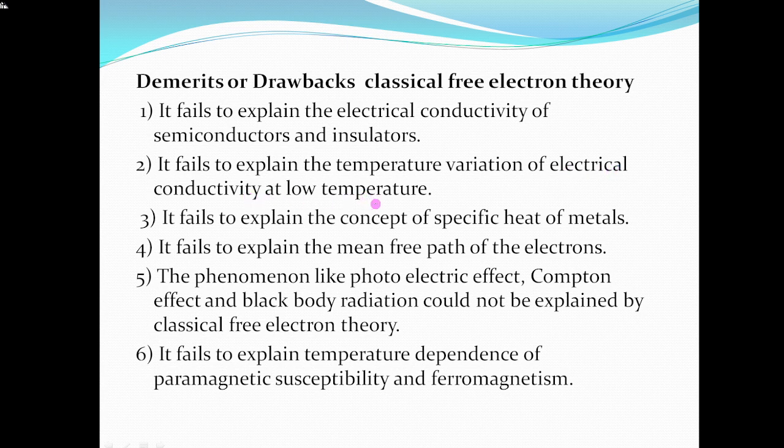Next, the concept of specific heat of metals cannot be explained. Next, it failed to explain the mean free path of electrons. Next, it was unable to explain the photoelectric effect, Compton effect, and black body radiation. All these cannot be explained.